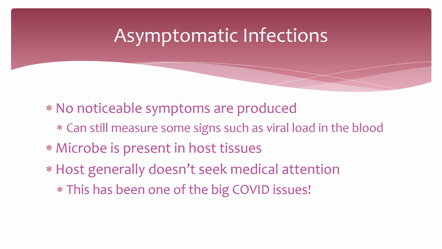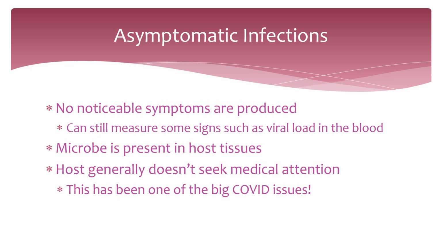This can be a big problem because even if you're not showing symptoms, that doesn't mean you're not contagious if you have an infection that is contagious. For example, COVID. This was a really big issue with COVID because even if you didn't show signs or symptoms that you were sick, people were still walking around having COVID and spreading it.